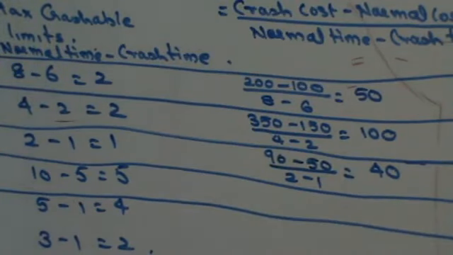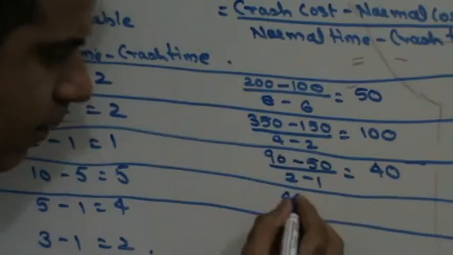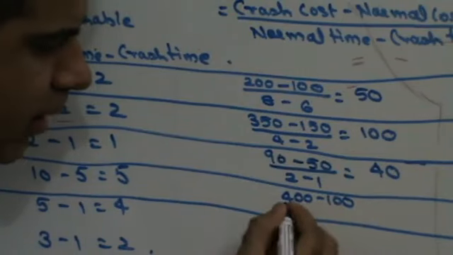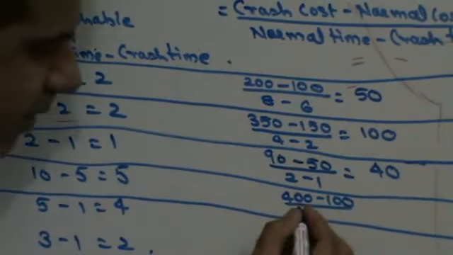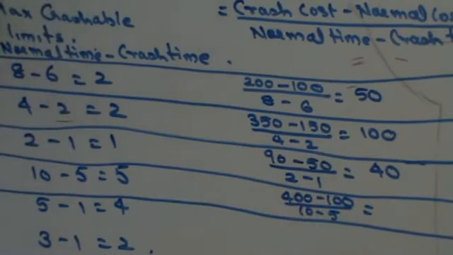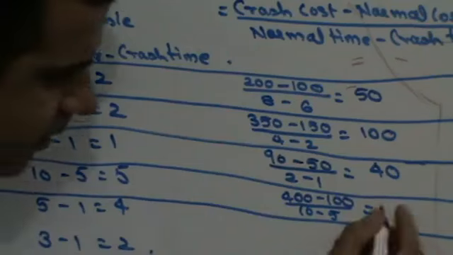Then you have 2 to 5, that's going to be 400 minus 100 upon 10 minus 5, that's 300 divided by 5, that is going to be nothing but 60.